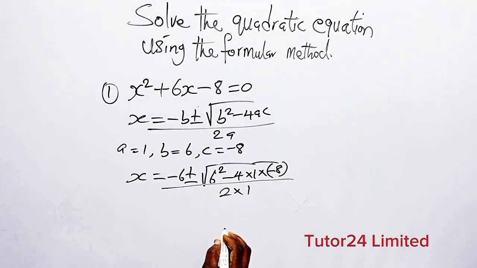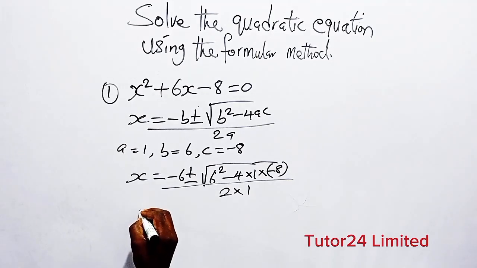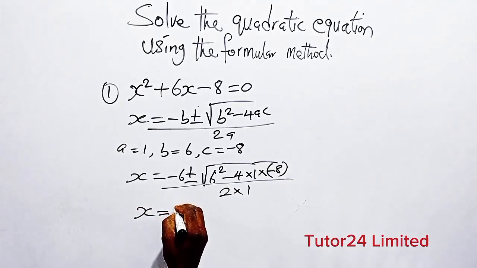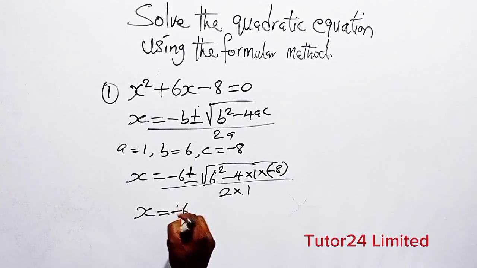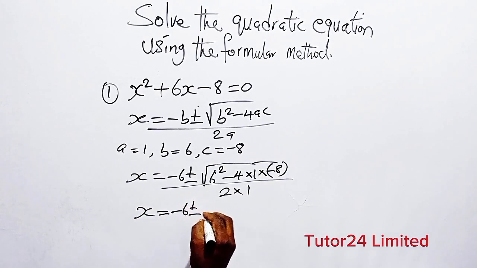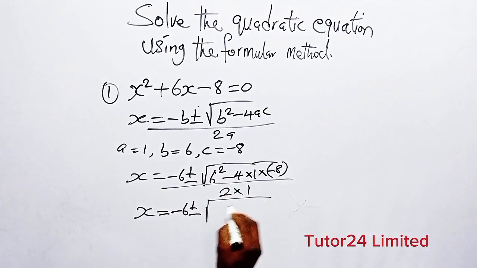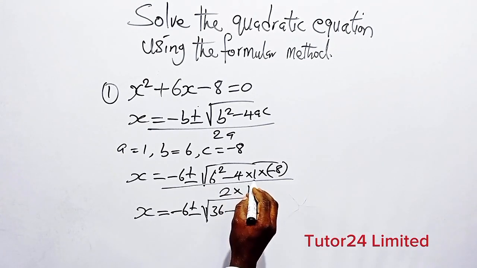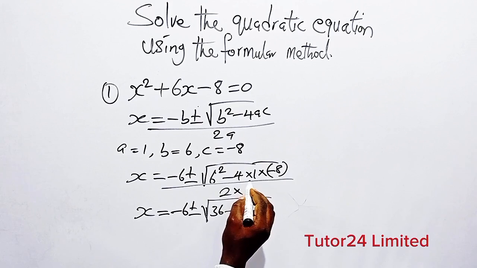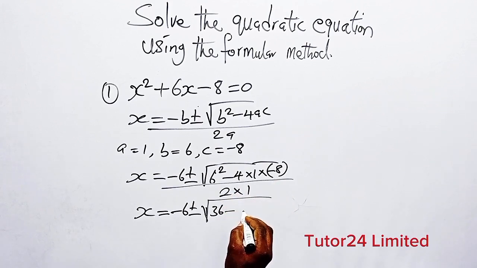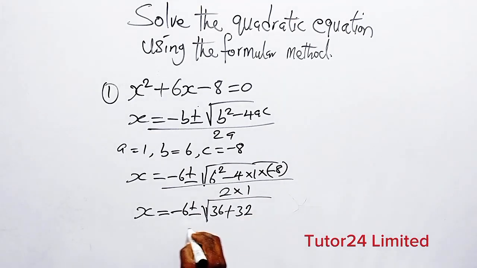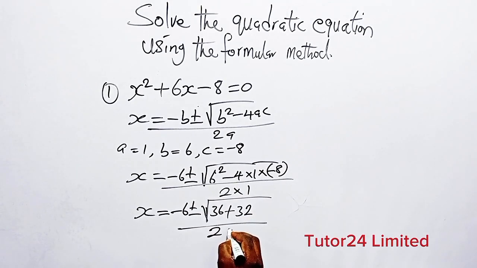Now if we simplify further, we have x equal to minus 6 plus or minus the square root of 36 minus 4 times 1 is minus 4, minus 4 times minus 8 is plus 32, all over 2, because 2 times 1 is 2.